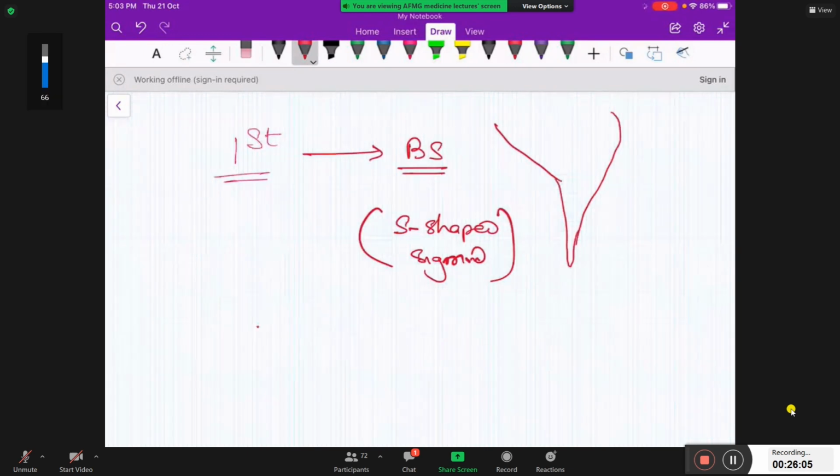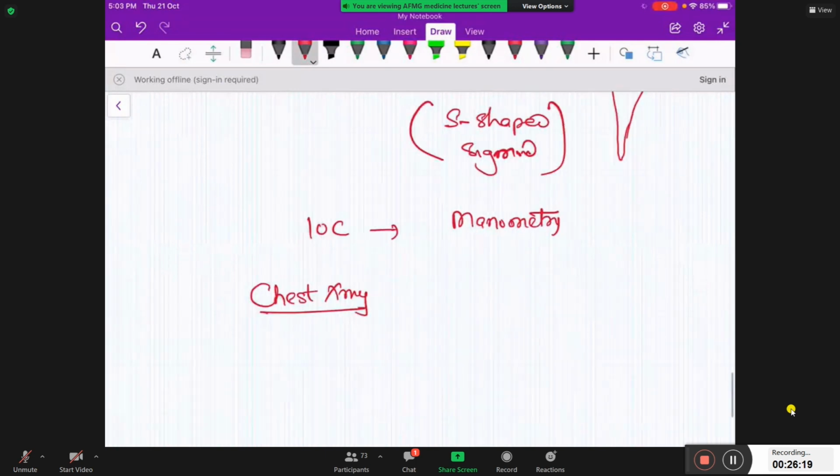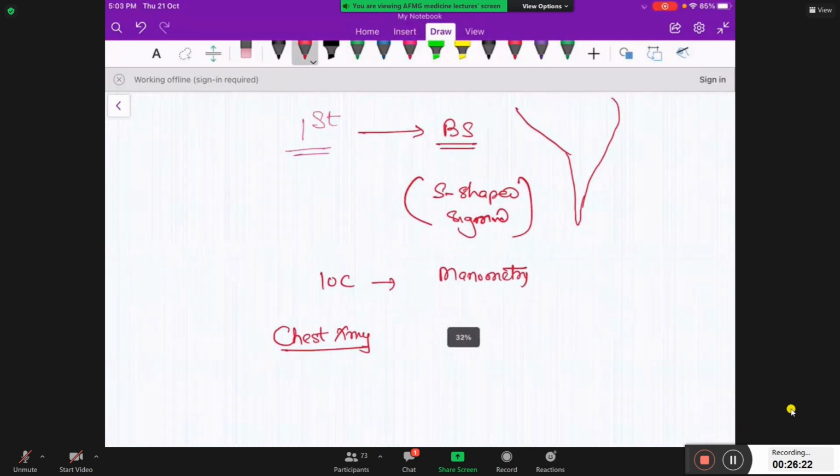Now, the investigation of choice here is manometry. And there is a classical chest X-ray finding also in these patients, which they have asked many times in exams.